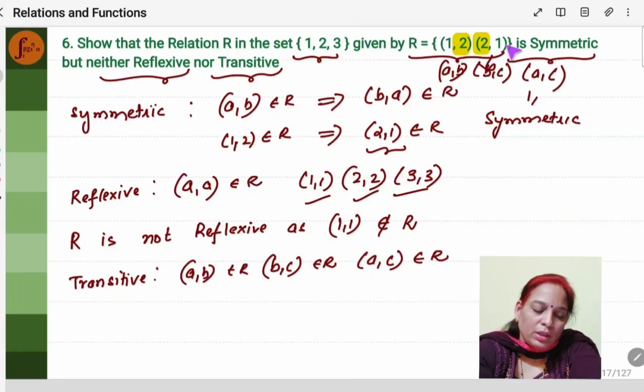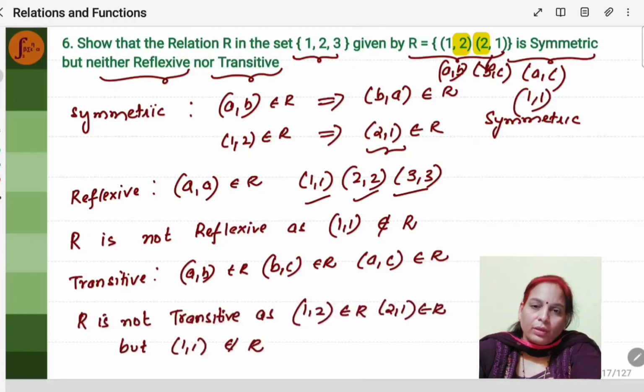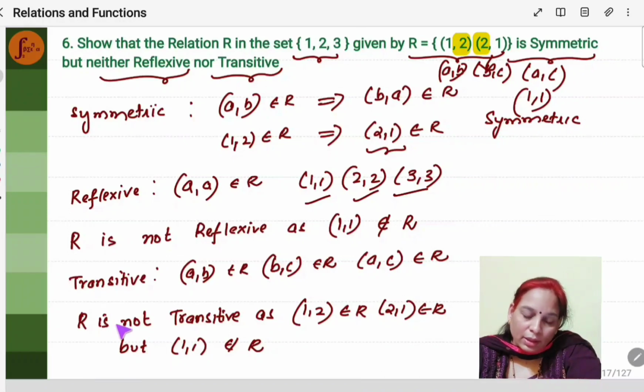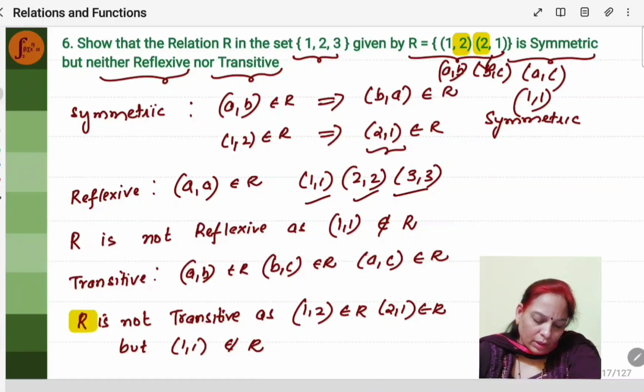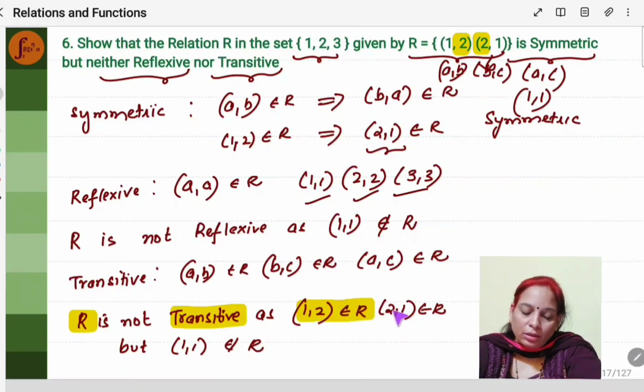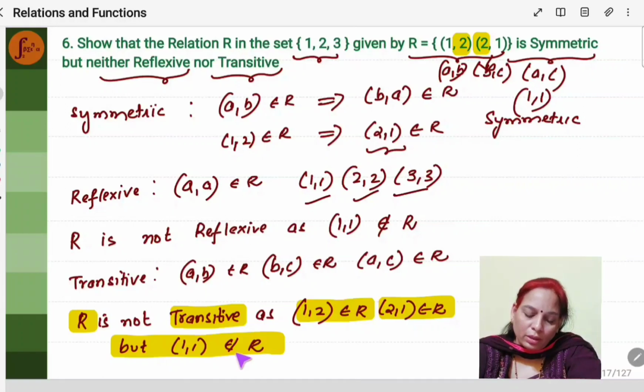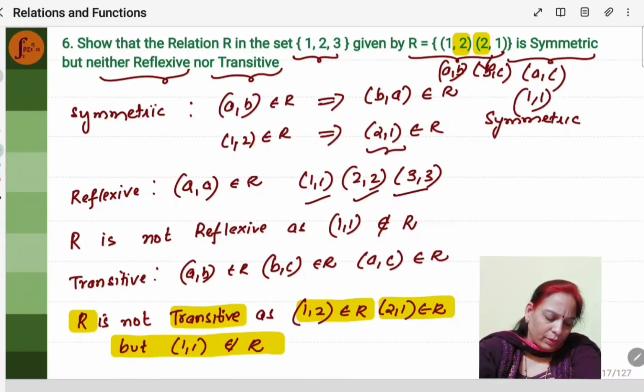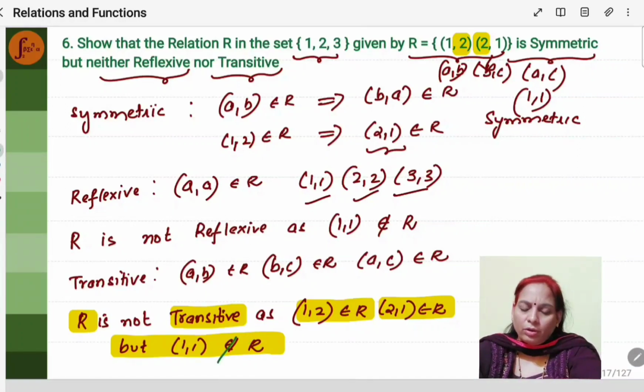And what is C here? 1. Do we have 1 comma 1 in this set? No, we don't. So it's not transitive. We'll write R is not transitive as 1 comma 2 belongs to R, 2 comma 1 also belongs to R, but 1 comma 1 does not belong to R.